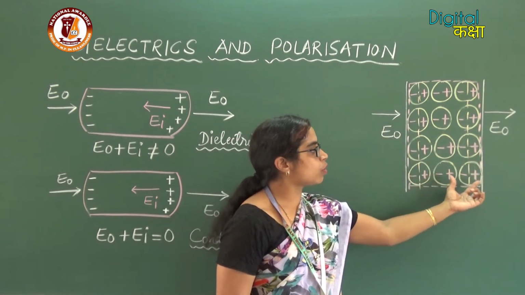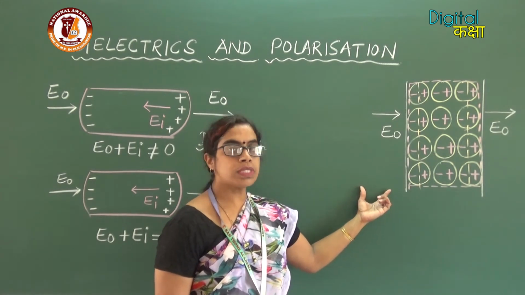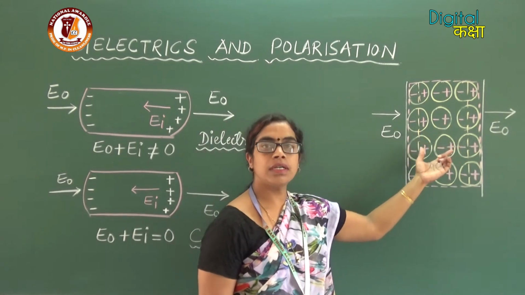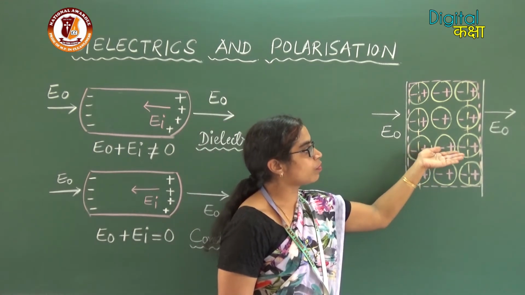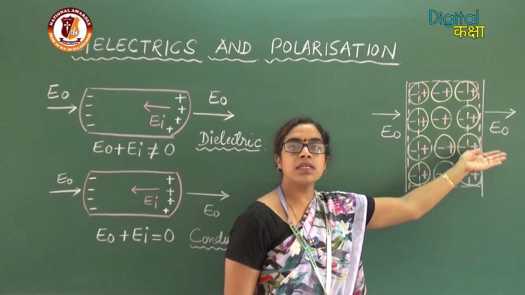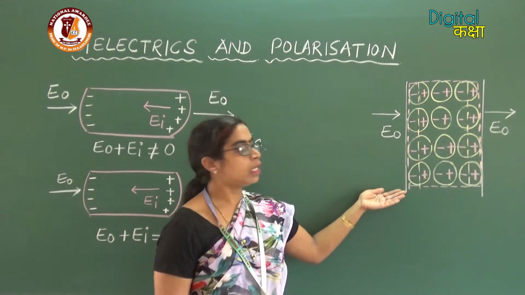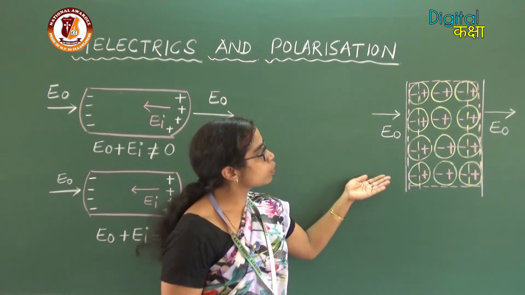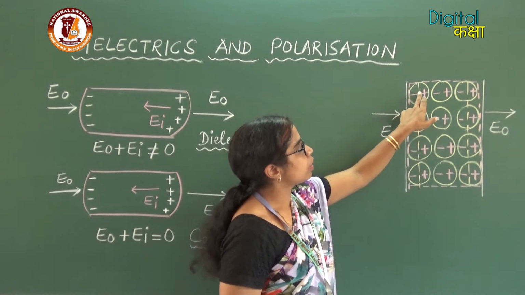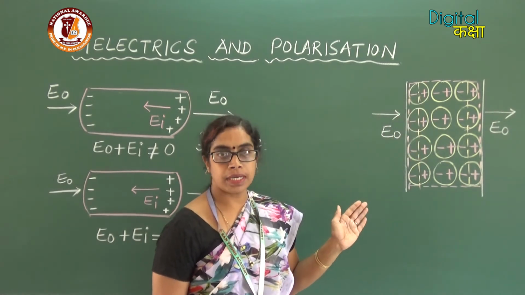The circles drawn in yellow represent the molecules present in the dielectric. Due to the presence of this dielectric in the external electric field, what is happening inside every molecule of the dielectric? As you can see in the diagram, the positive and the negative charges are separated.